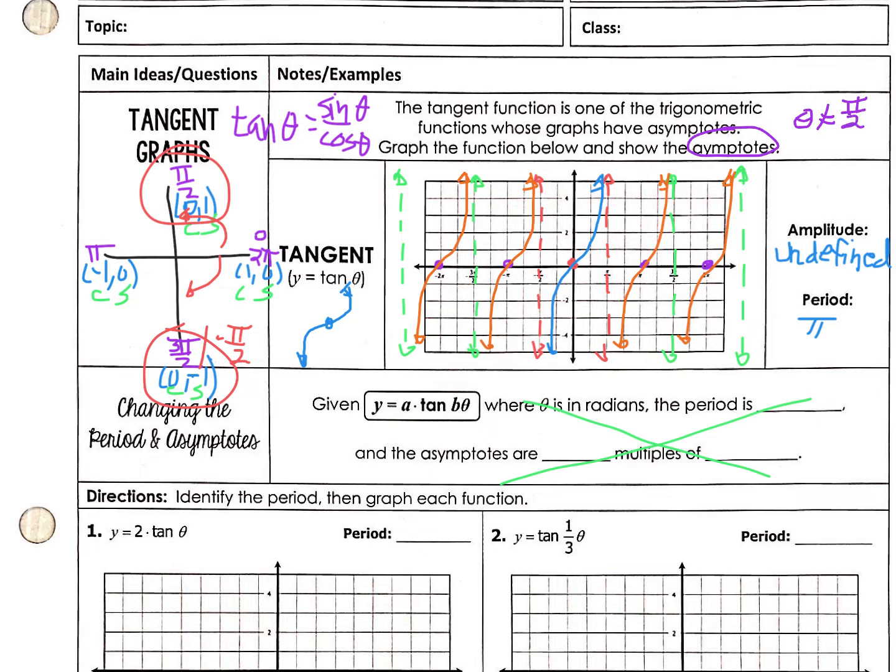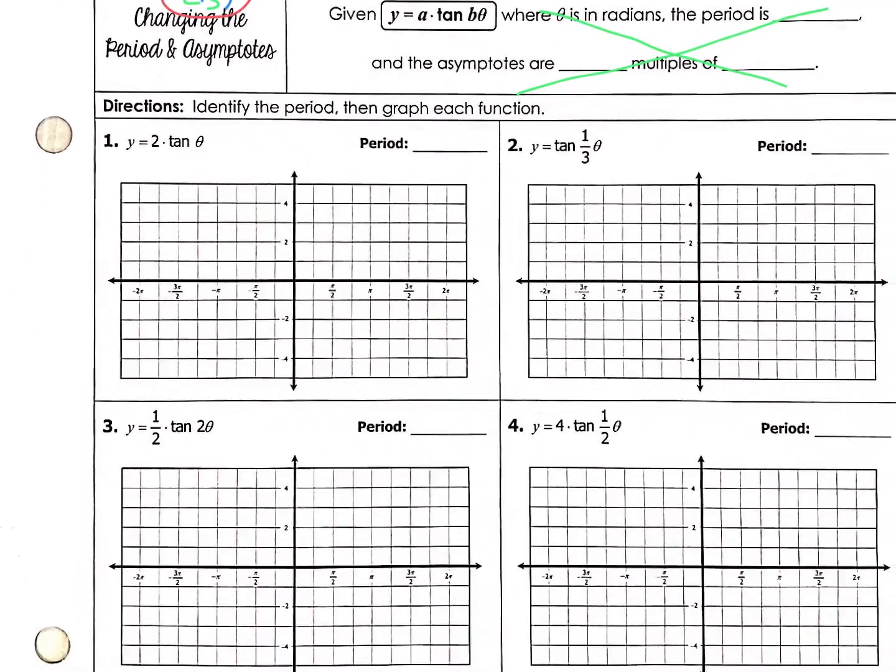That's kind of what I'm trying to say. And then theta does not equal negative pi over 2. These are your 2 original asymptotes, and it's very important that you remember those. If you can remember these 2 asymptotes, then finding your period is going to be a piece of cake.